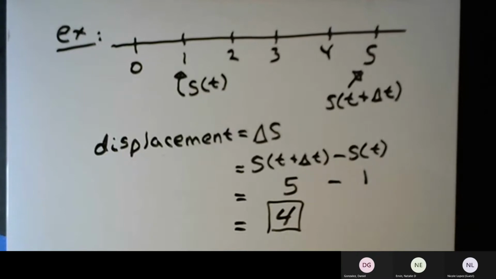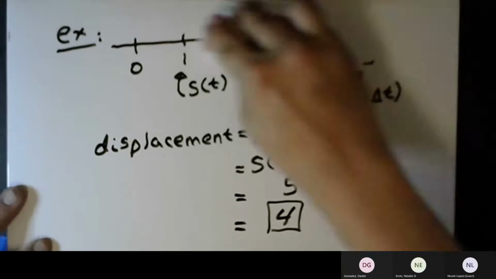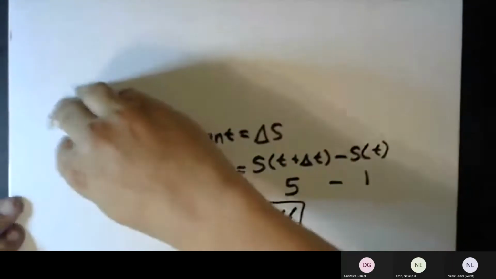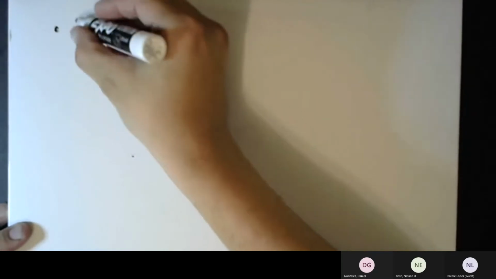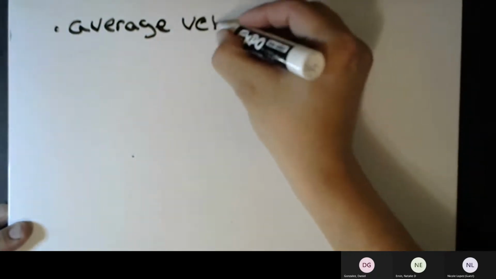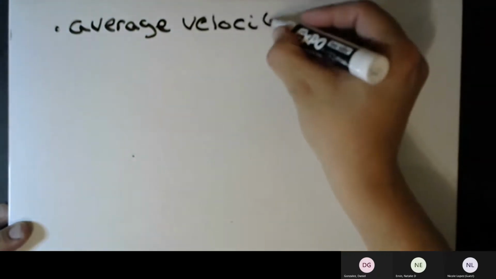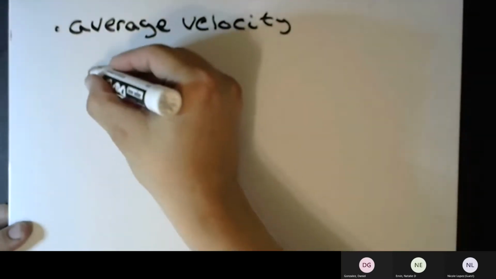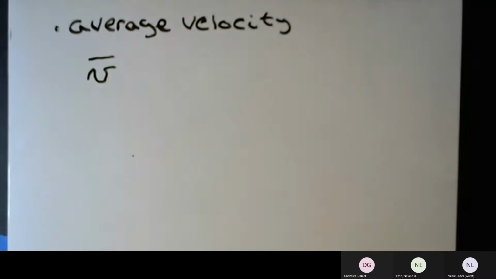So when we talk about what's called an average velocity, and this came up a bit when we were talking about an object falling near the surface of the Earth. So it's a little bit of a review. It's oftentimes written like this.